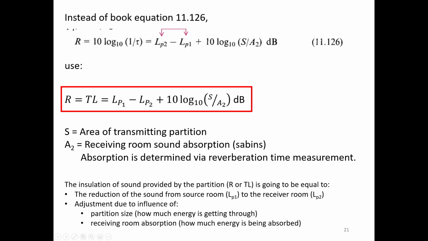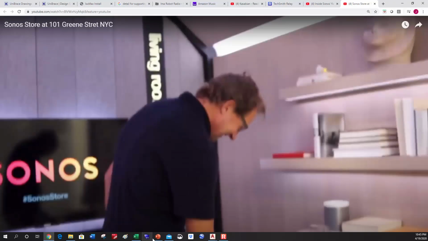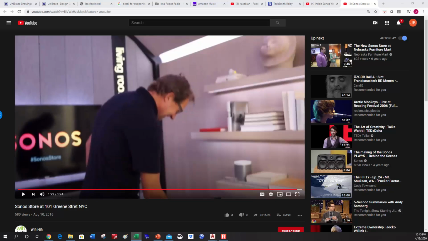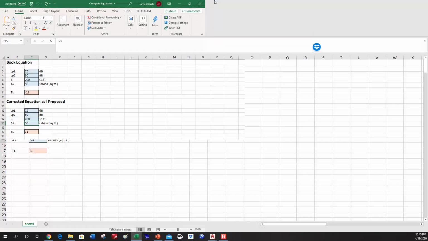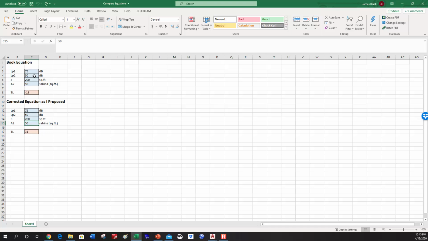I hope I don't screw up this presentation by doing this, but let me bring this up. So here we have the 4 variables, and we have the book equation, and we have the corrected equation. For one thing, if we're going from 75 to 50, transmission loss shouldn't be negative, right?